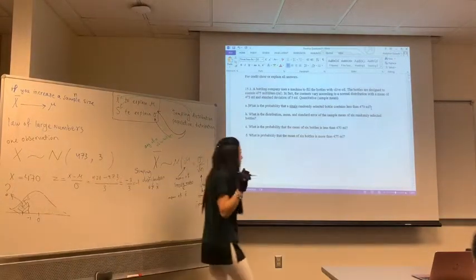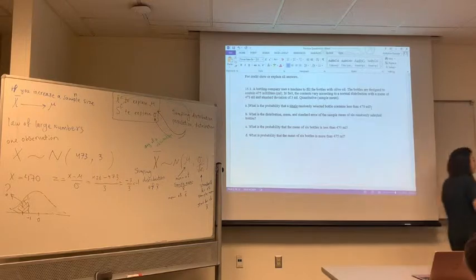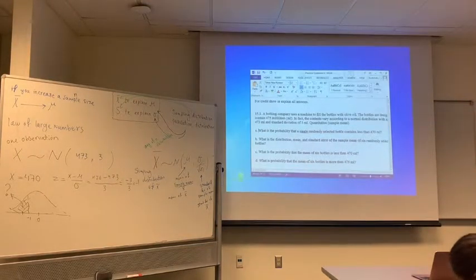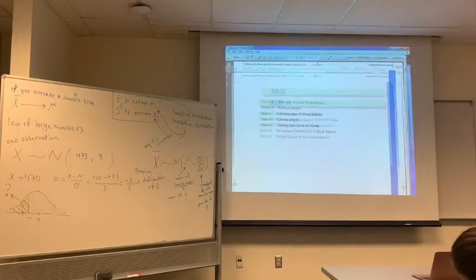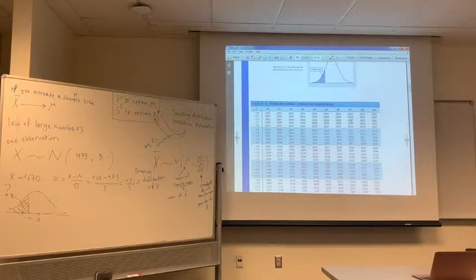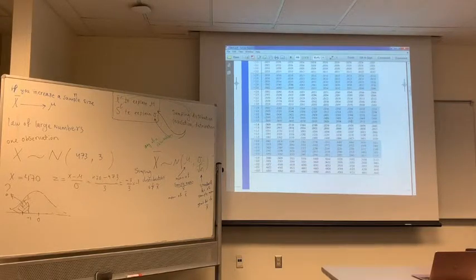We wanted to find this area. Then we would go to the table. So we should find the probability of z less than -1, right?